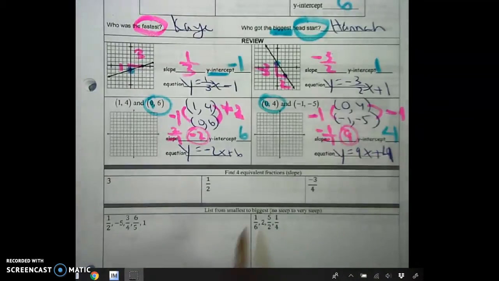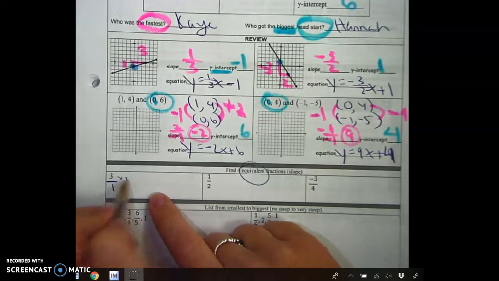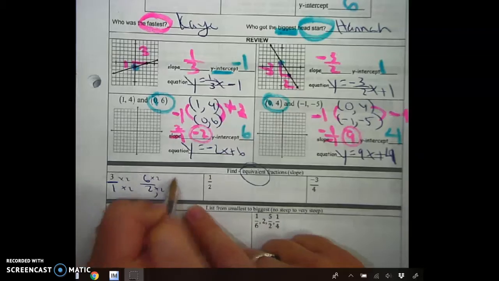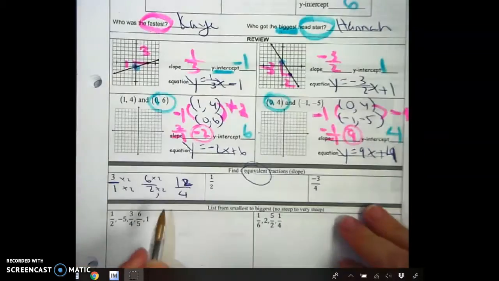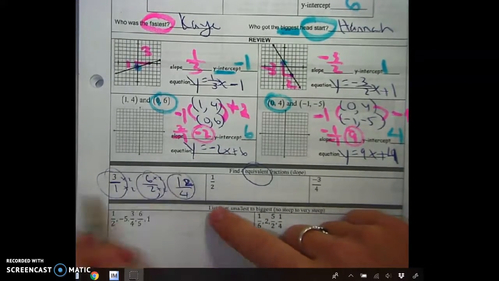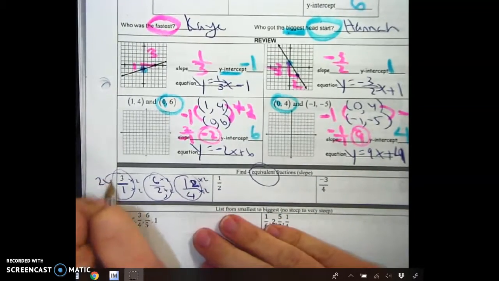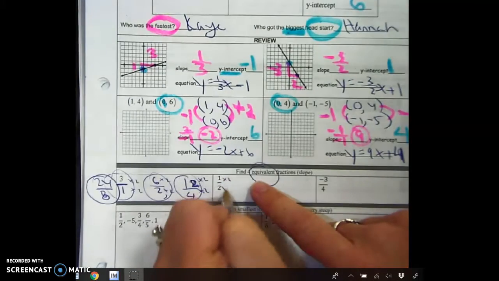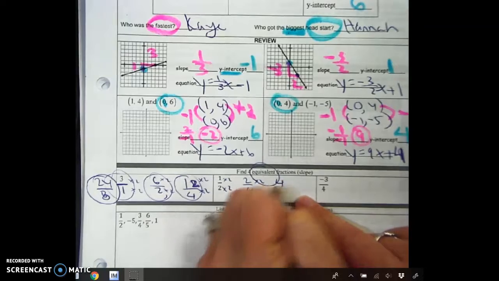Okay? Find equivalent fractions. So over 1 times 2 times 2, 6 over 2 times 2 times 2, 12 over 4. Okay? And so there's 1, 2, 3, and then times 2 times 2, 24 over 8. Okay? Times 2 times 2, 2 fourths. Times 2 times 2, 4 eighths.